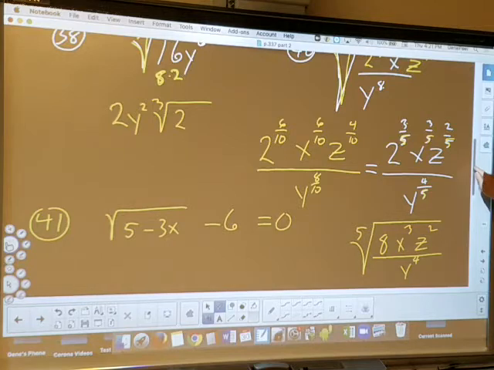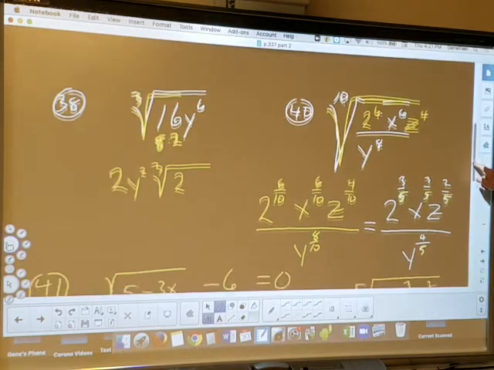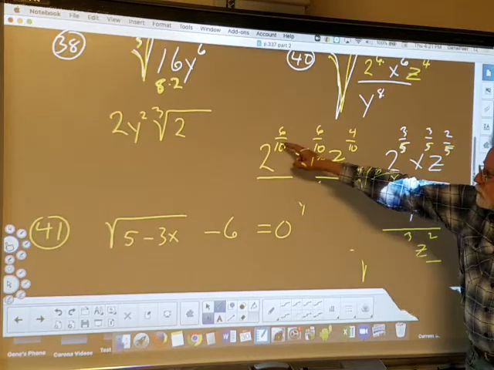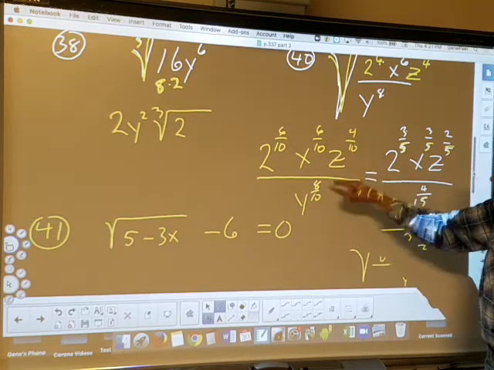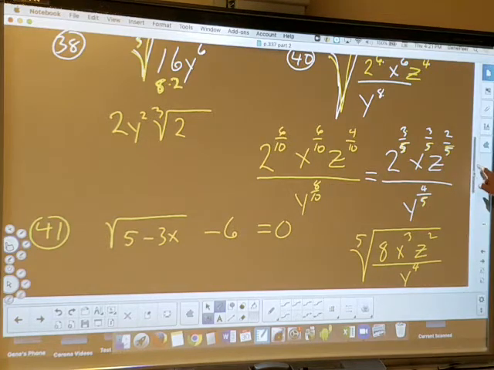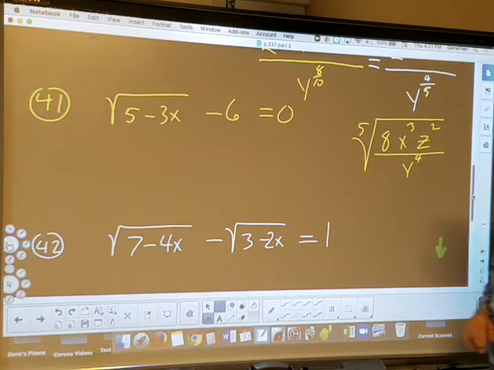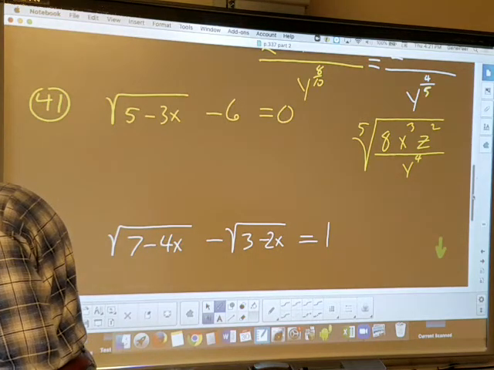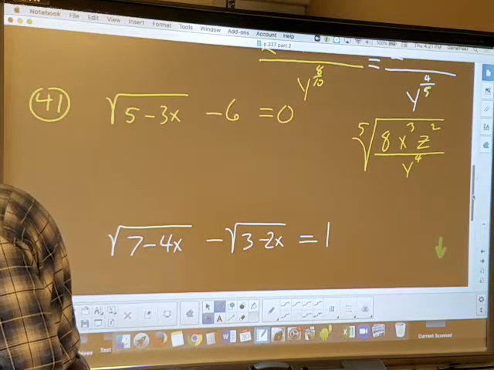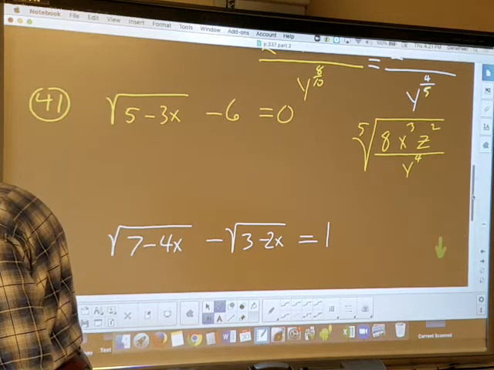We have now taken this original thing, which was a 10th root of all this stuff, and by making use of rational exponents and reducing those fractions, we've now gotten all the way down to a 5th root of something instead. Considerably simpler. And I'm going to check the book here to see if that is indeed exactly what the writers of the book were expecting us to do. Number 40. Yep, that is it.